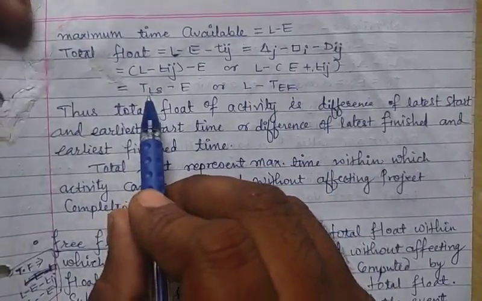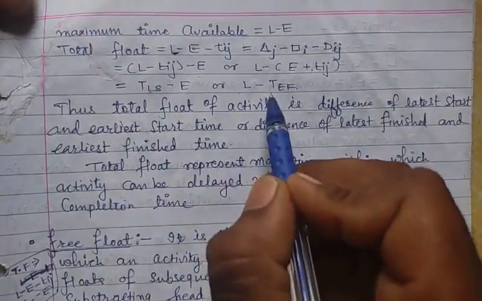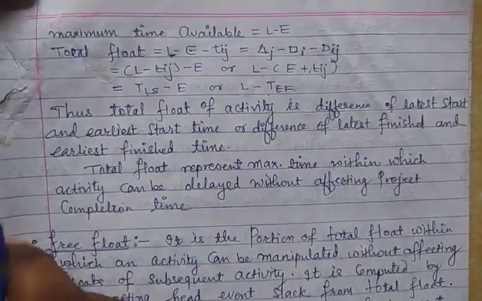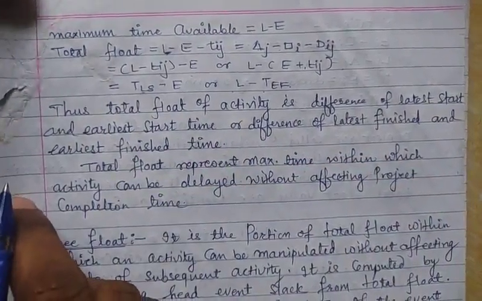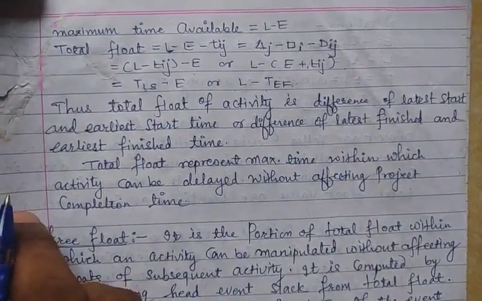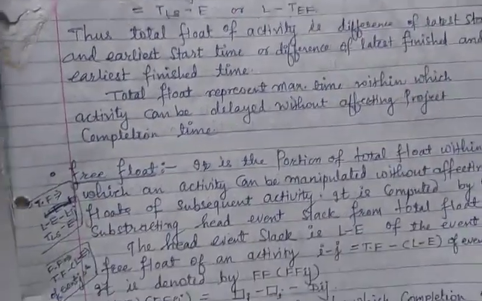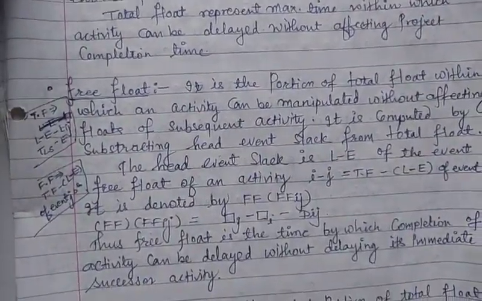Total float has formula TLS minus E or L minus TEF. The total float of an activity is the difference of latest start and earliest start time, or the difference of latest finish and earliest finish time.